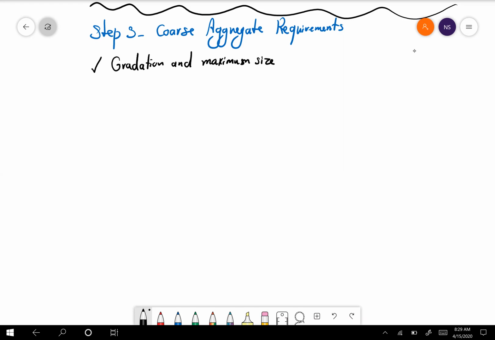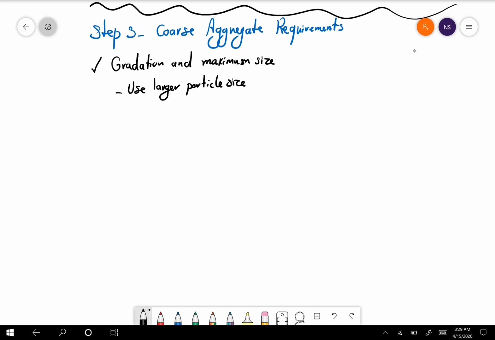The general rule is we want to use larger particle size because that would be economical, because you are filling most of the concrete with the aggregates.